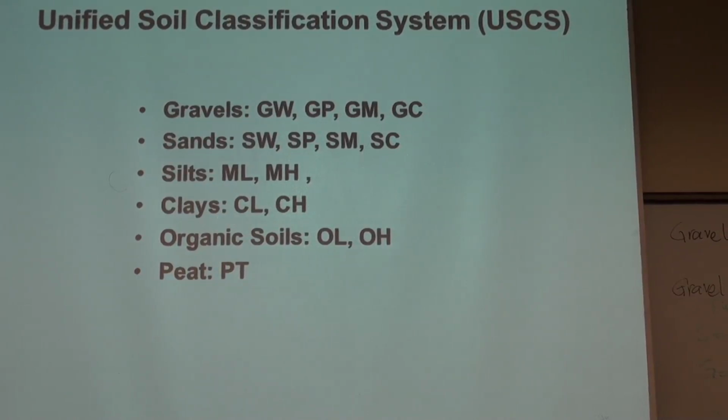It's basically from the name, you can say if you have roots or vegetation in your soil, it's a sign of problem. You shouldn't build any type of structure on organic soil. If you have any organic soil, you have to remove that. Dry the soil sample and see if there is a significant difference between the liquid limit before drying and after drying.